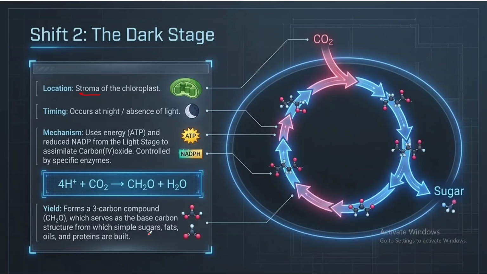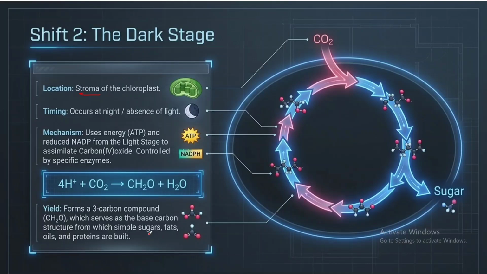Now, NADPH and ATP is the energy source that will be transferred into the dark stage, and the dark stage happens within the stroma and in the absence of light, and using this they assimilate or take in carbon dioxide, thereby forming a carbon structure that can serve as a formation for other materials such as simple sugars, fats and oil, proteins, etc.